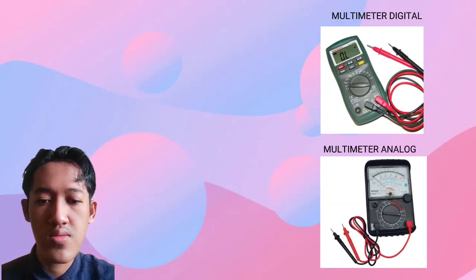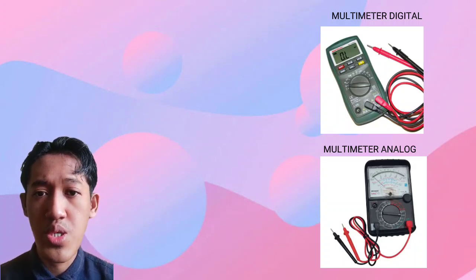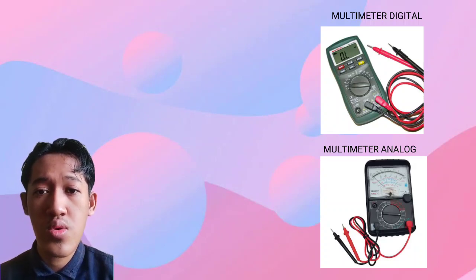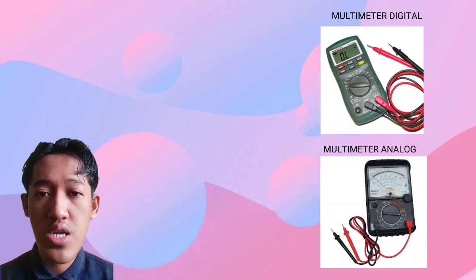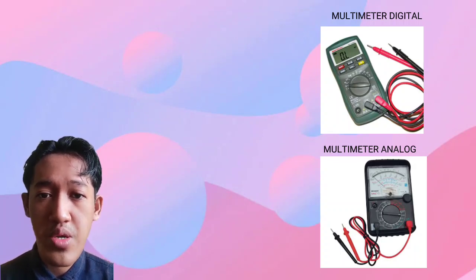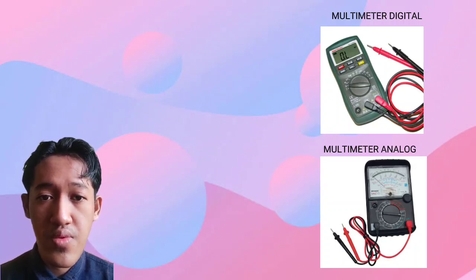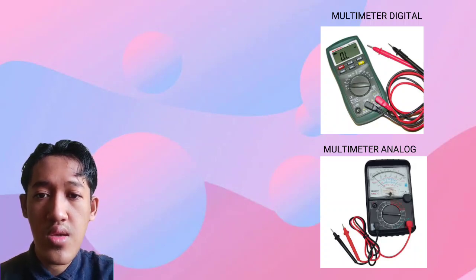For example, 1. Screw. This screw serves to adjust the position of the whole hand, better known as the zero adjust screw. 2. Pointer needle adjustment button. This button serves to adjust the measuring needle so that it is in the zero position, specifically for the ohm unit. 3.